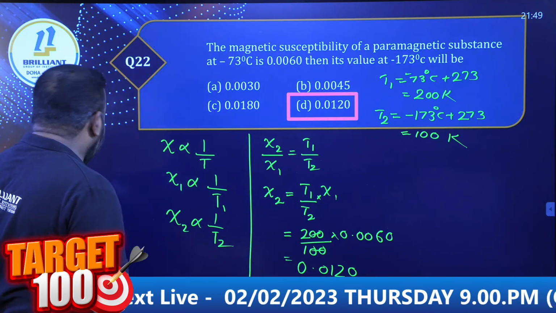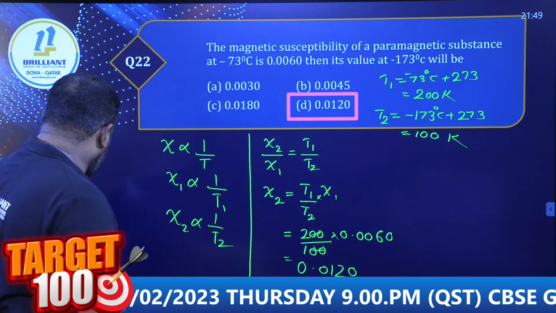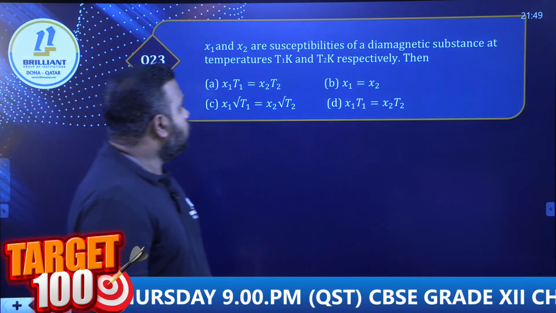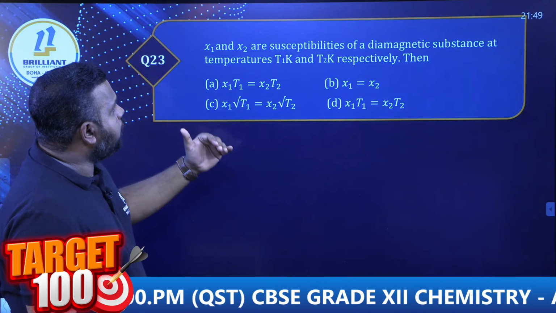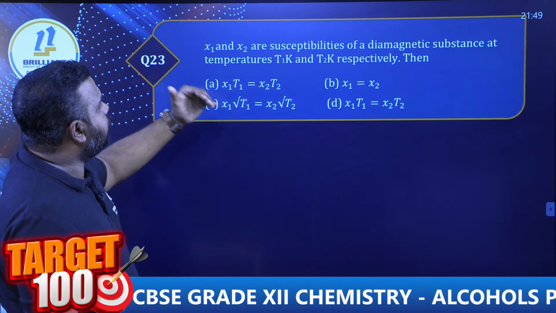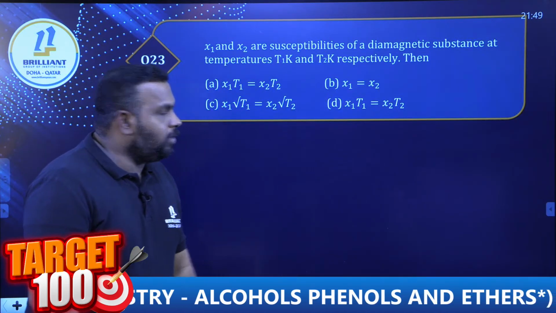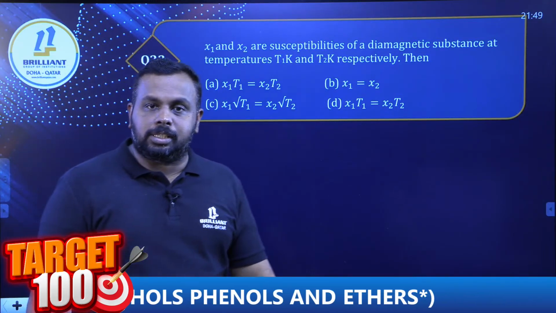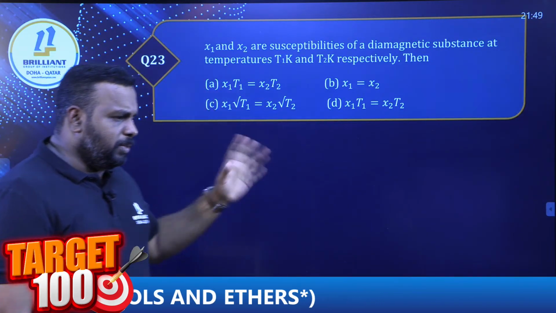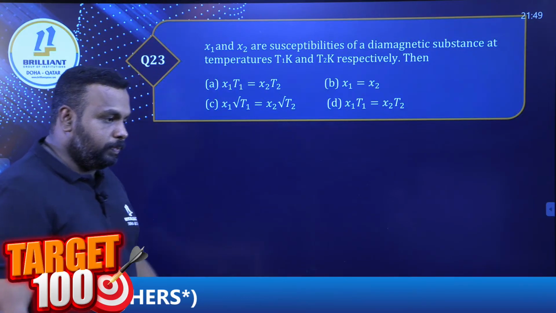Question number 23. Chi1 and Chi2 are susceptibilities of a diamagnetic substance at temperature T1 Kelvin and T2 Kelvin respectively. We discussed it in the previous question. All of you know the answer for this.